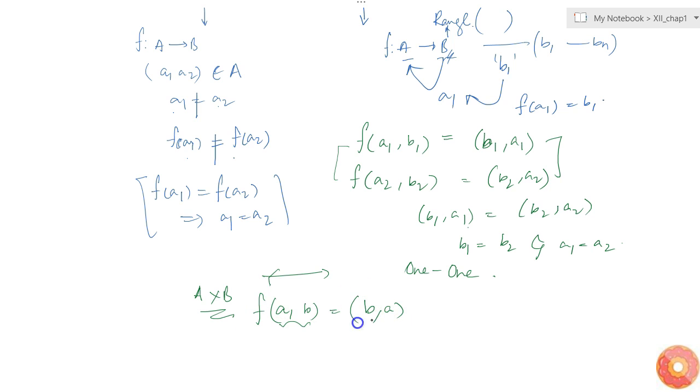That means its image is also spanning the whole of B cross A. So all the elements in B cross A have a pre-image in A cross B. That is our only requirement to show that it's onto. Therefore the given function is onto. Since it's both one-one and onto, the given function is bijective.